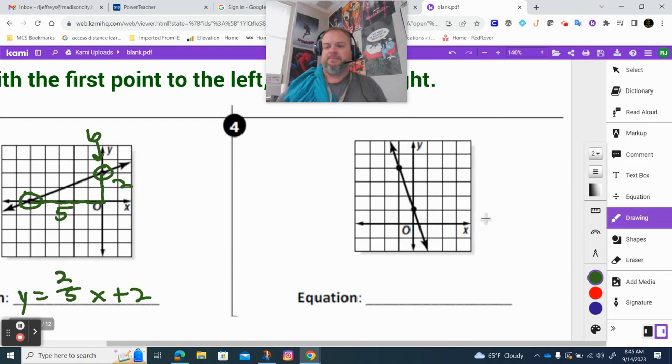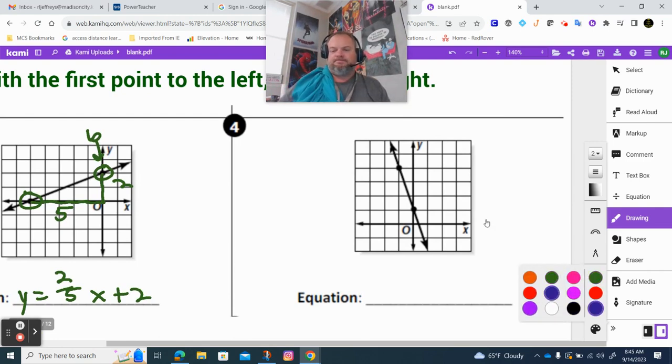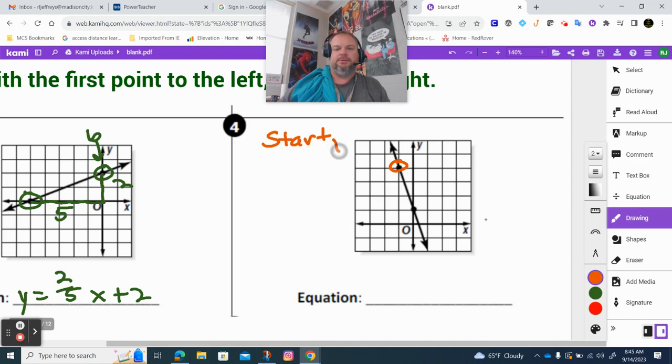As I take a pop off the Manly Stanley. So let's look at this right here. Let's start here. All right. To get to this next point, I go over 1 and I go down 3. 1, 2, 3.